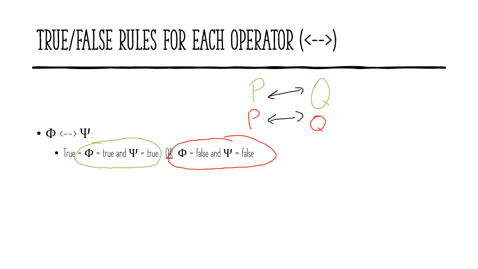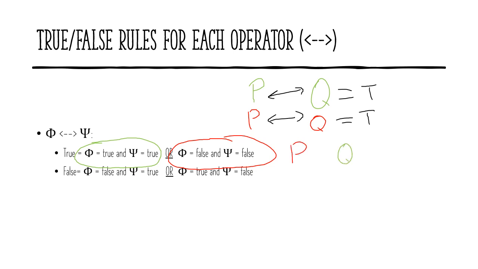But it's best to just understand that the rule is if both of them are true, it's true. If both of them are false, it's true. So if they match, it's true. So, of course, the opposite version of this is if they don't match. If one of them is true and the other one is false, then the statement is false.